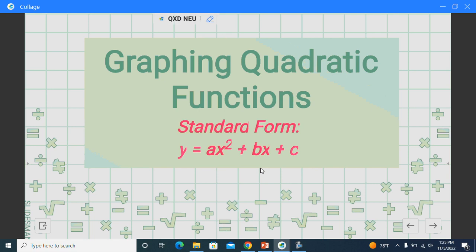If you remember, our previous lesson was graphing quadratic functions in vertex form, that is y equals a open parenthesis x minus h squared plus k. Now we are in standard form, so let's have a quick review on quadratic functions.